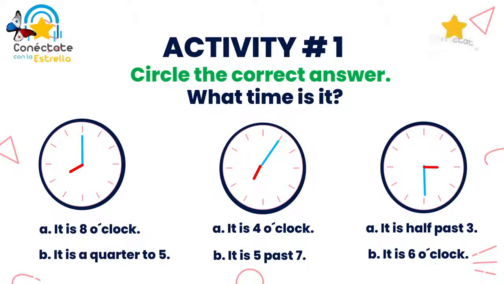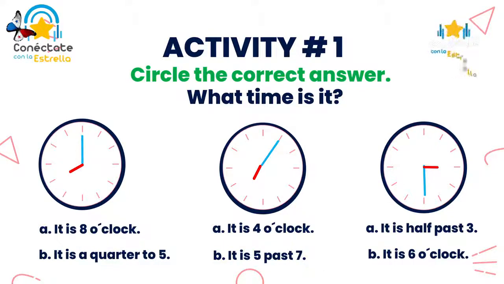We have the clock. All right? Remember our clock? The small one is at number 7. Number 7. Okay? And the large one is at number 5. Small one, number 7. Large one, number 5. Okay. Option A is 4 o'clock.